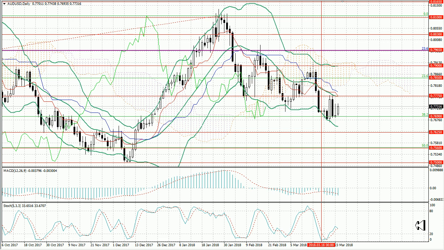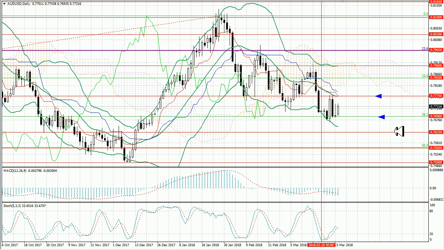Last week, the pair AUD/USD showed mixed dynamics and mainly traded in the range of 0.7775 and 0.7690 marks, between the middle line of Bollinger Bands and Fibonacci correction of 38.2%. At the moment, these marks are seen as key levels.